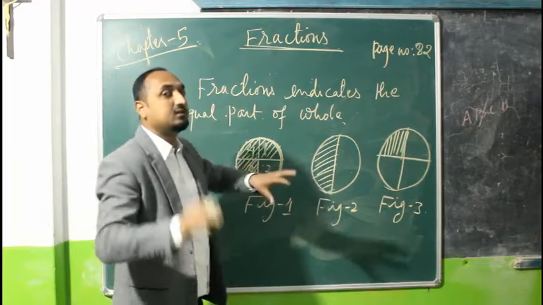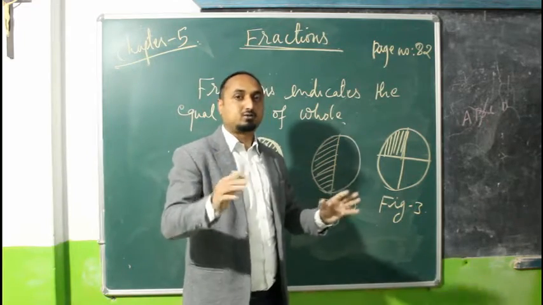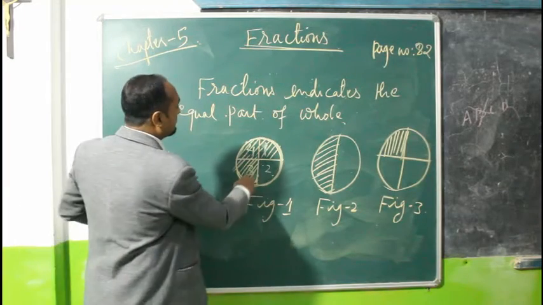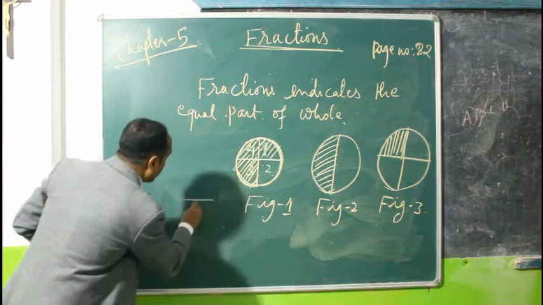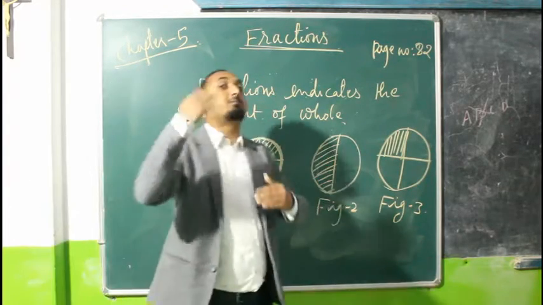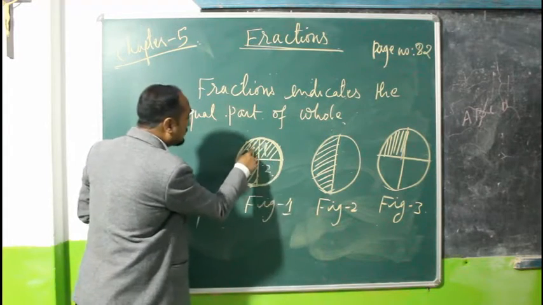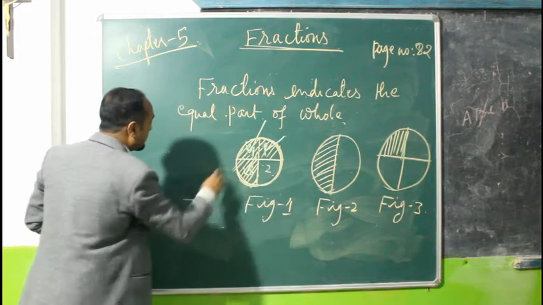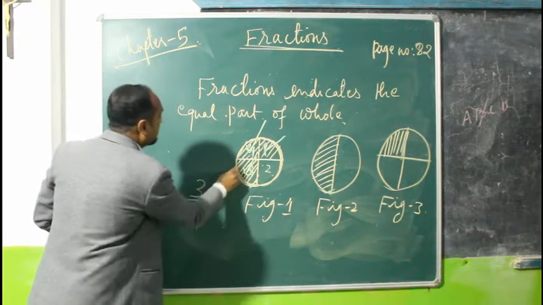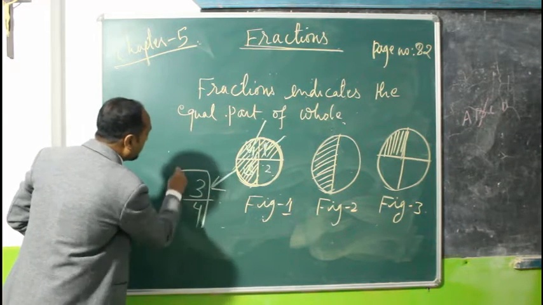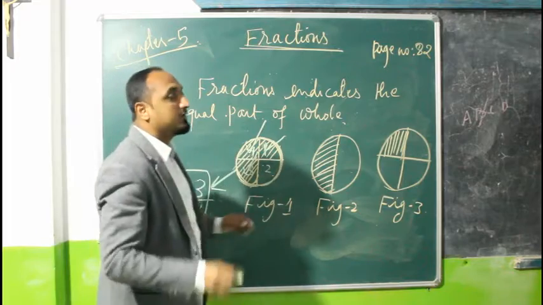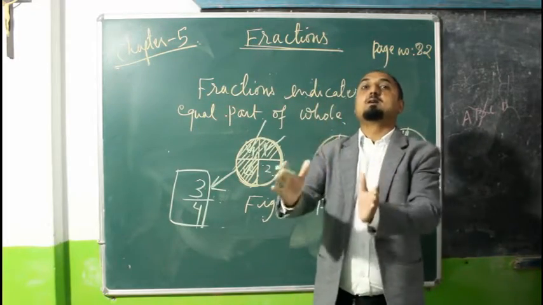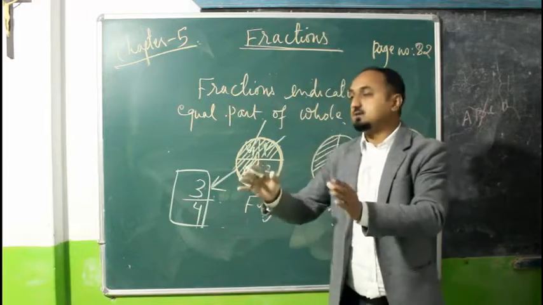So if you write this figure in fraction form, we have to write 3 by 4, because out of a total of 4 equal parts, 3 parts are shaded.